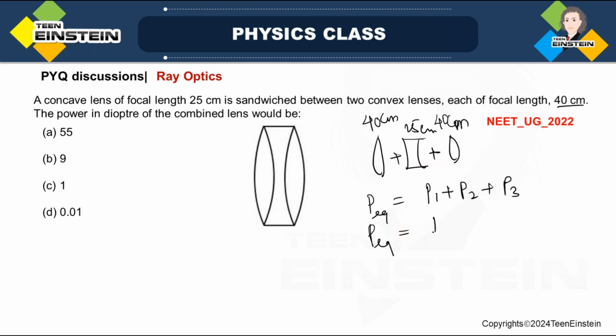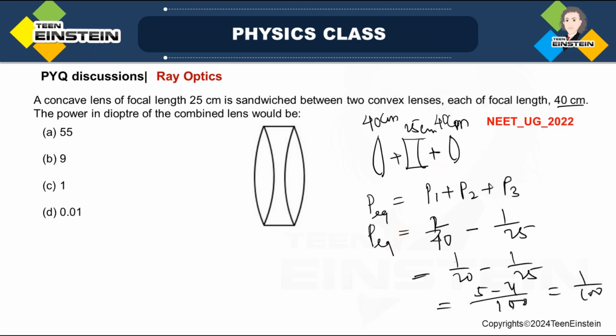So power will be additive, as you know. Power will be P1 plus P2 plus P3, right? These are equivalent powers. Let us find out what these are. So you can say 2 over 40 minus 1 over 25.